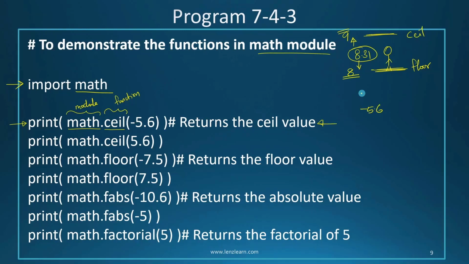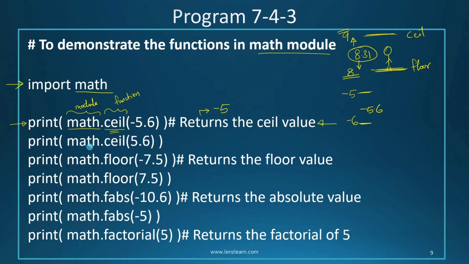You should understand that ceil and floor for negative numbers work the other way. The just higher integer than minus 5.6 is minus 5, and the just lower integer is minus 6. Here we are interested in the ceiling number, so the answer will be printed as minus 5.